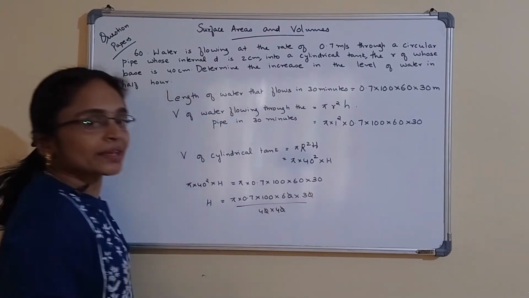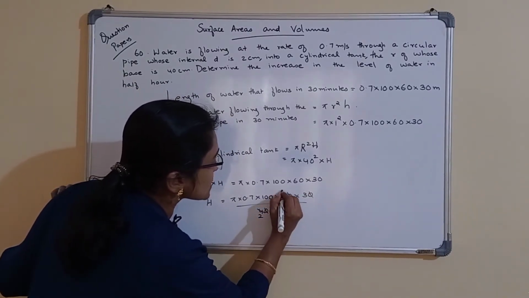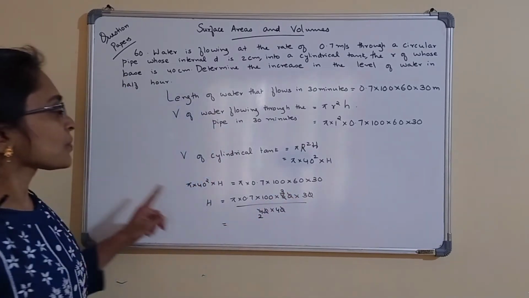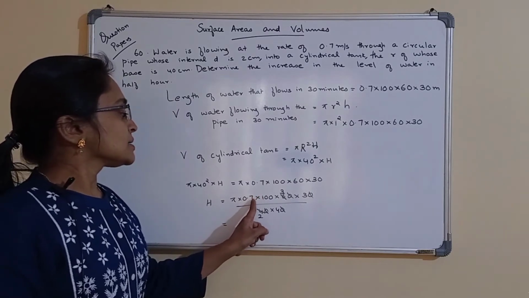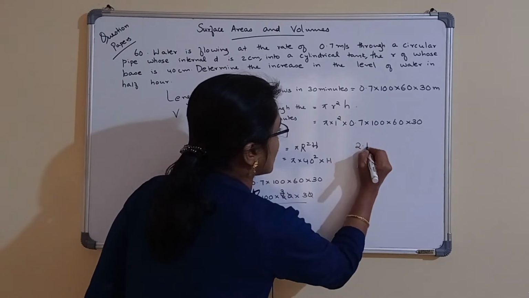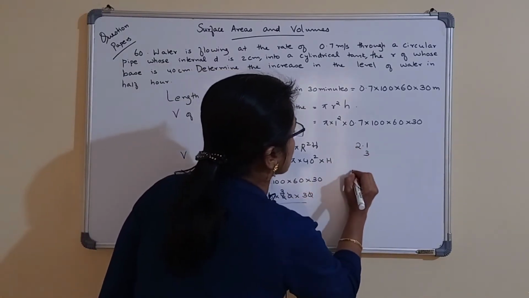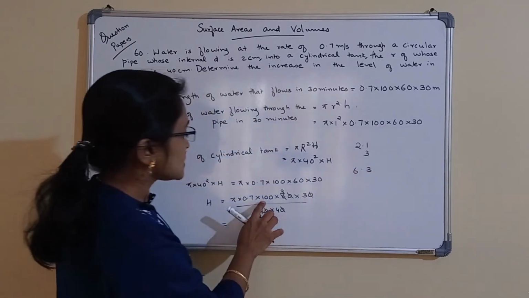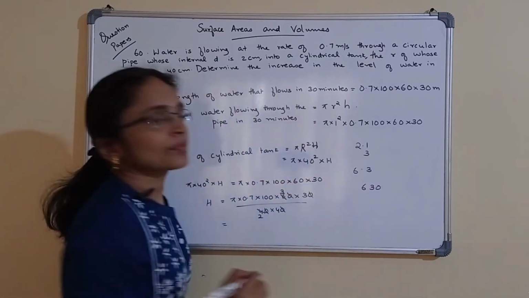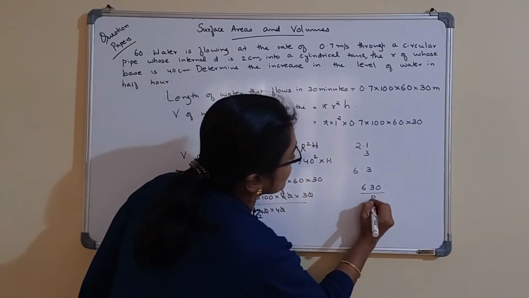These two zeros will get cancelled, and 2 will go in 4, 2 times, 2 will go in 6, 3 times. Okay, so this is equal to 0.7 into 3, which is 2.1, and 2.1 into 3 is 6.3, and into 100 is there, so it will become 630. 630 by 2 into 4 is 8.